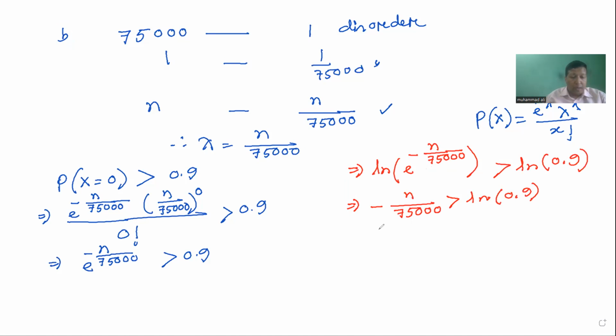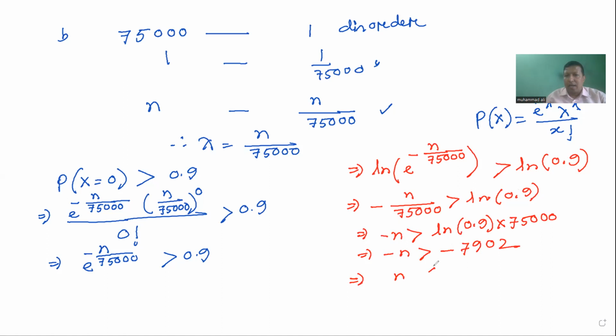So it will be minus n greater than, if we multiply by 75,000, we will get ln 0.9 multiplied by 75,000. So minus n greater than minus 7,902. We know that if we multiply by minus, the inequality sign will be changed.